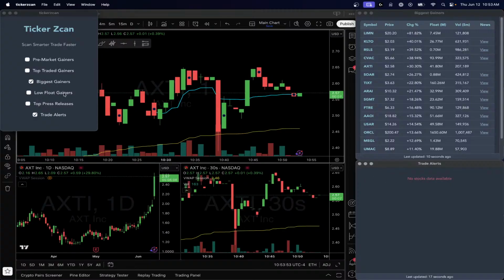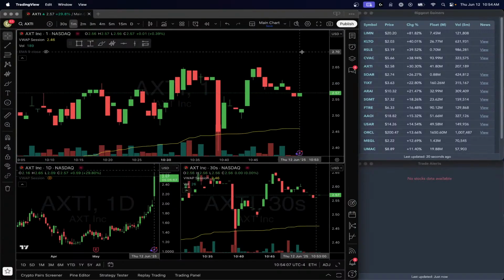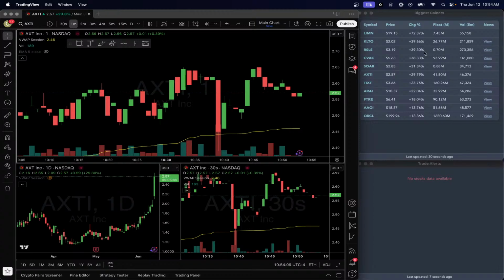The biggest gainers is already there. That's what's showing up. The low float gainers are not showing up, but if you look at the biggest gainers, there are some low floats in here, LIMN. That's a low float. RSLS, the one that I made most of my money on, low float. SOAR, low float. So the low floats are showing up. And also the blue chips are showing up. I mean, look at Oracle, $200 stock. Yeah, it's the biggest gainer just because it beat on earnings, I think.